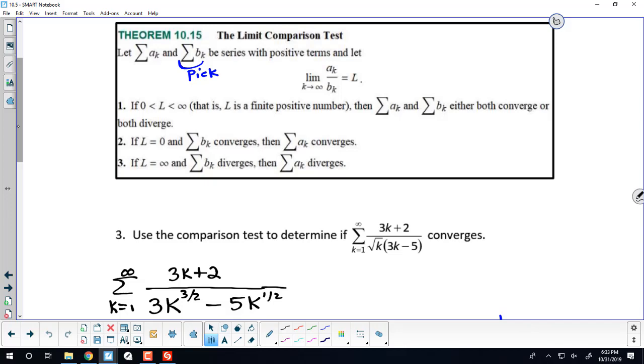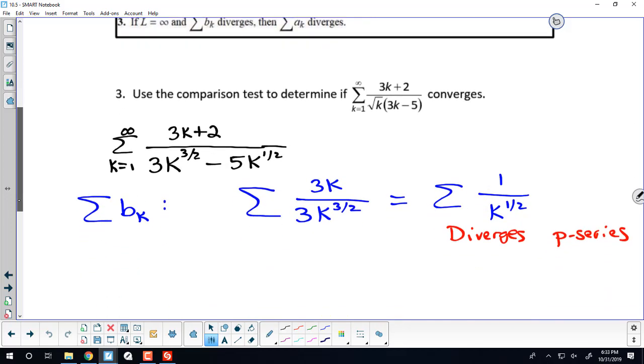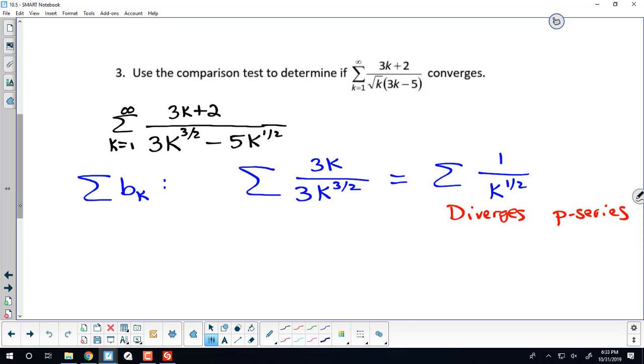So we started off with this example. And we said generally we're going to choose a series that's comparable to the given series. So we said, well, this is like 3k over 3k to the 3/2, which is like 1 over the square root of k. And we said that was a divergent p series because the power is less than 1. So the series that we've chosen to compare to is a divergent series.